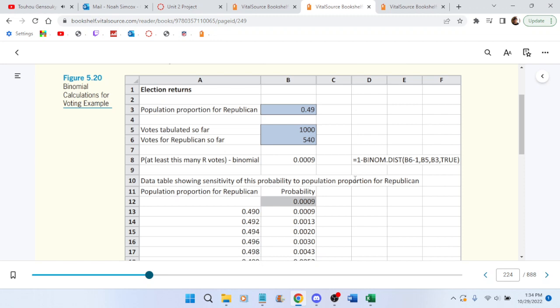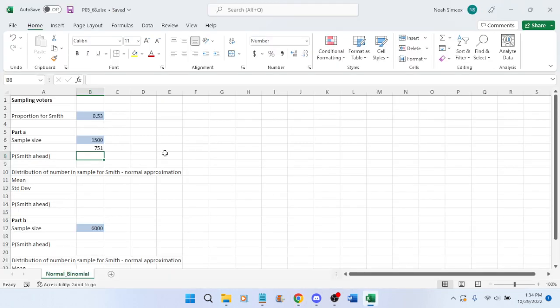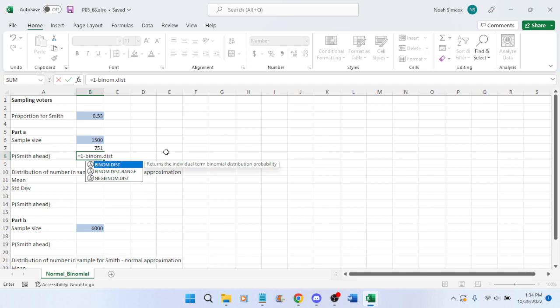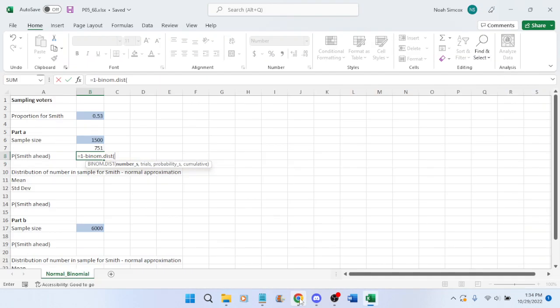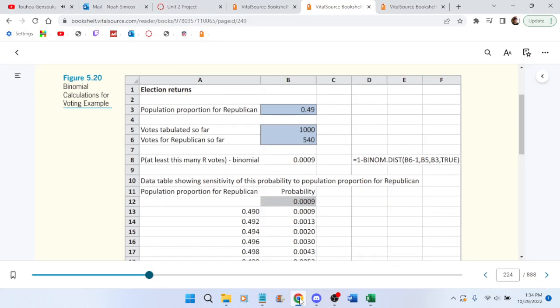So, here's what you do. You do 1 minus binomial distribution equals 1 minus. Then you do number underscore s. What's the probability that you get this? So guess what? They want you to do that minus 1.